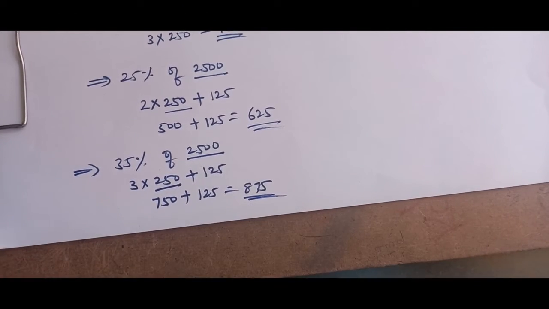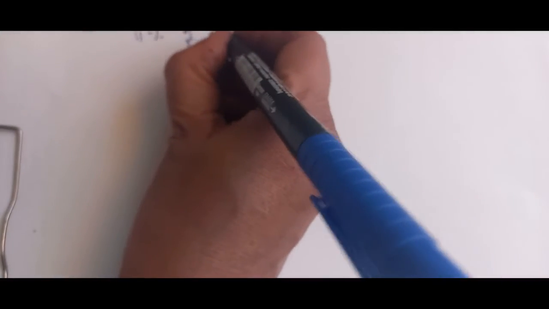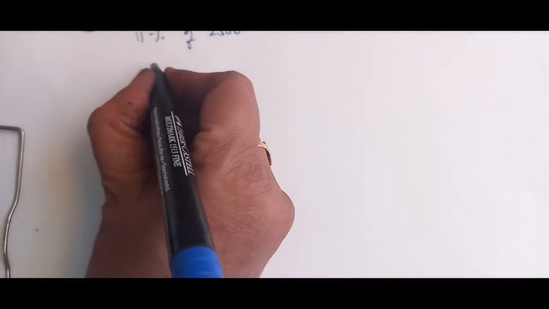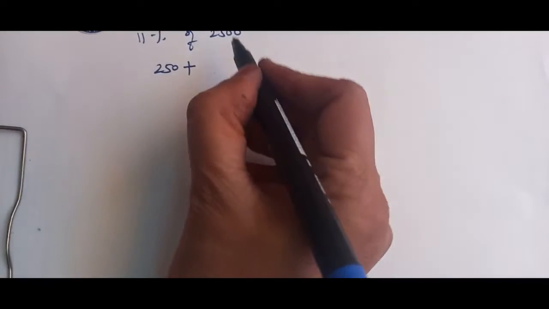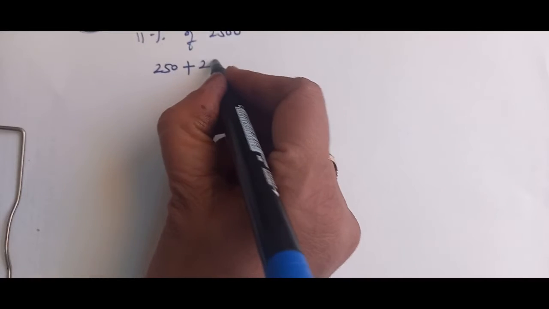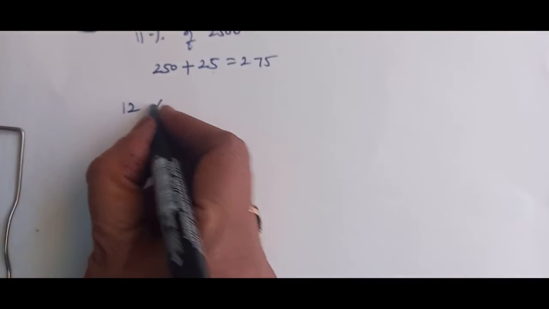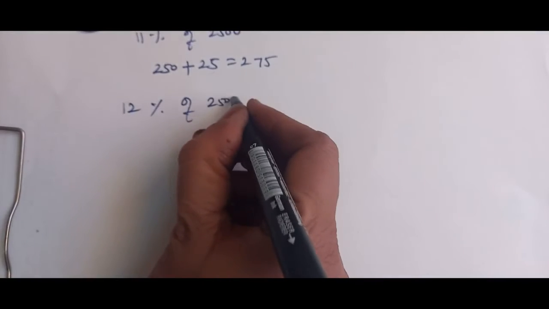Okay. For example, 11% of 2500. Then how to do? 10% of this amount plus 1% of this amount. Right? 10% of this amount is 250 plus 1%. I already told you for 1% we need to keep the decimal after 2 digits. So 25, 275. 12% of 2500.